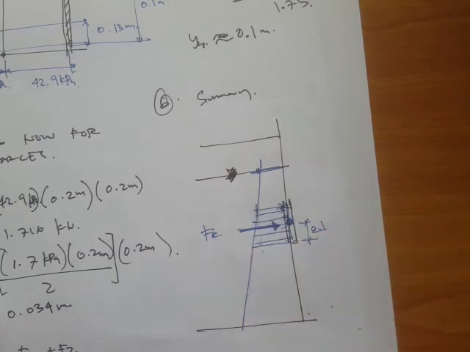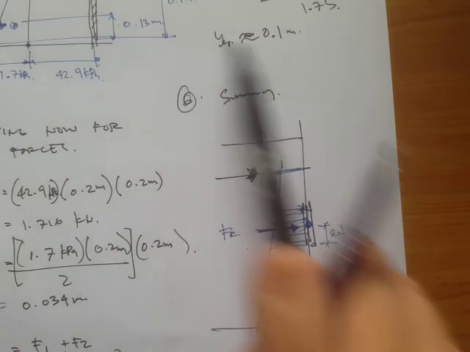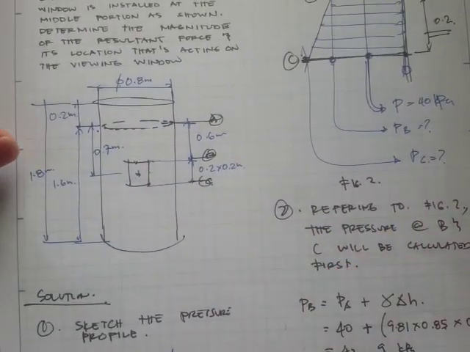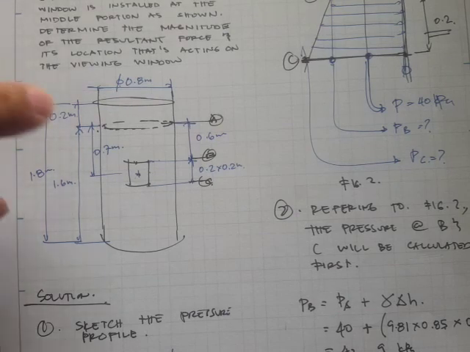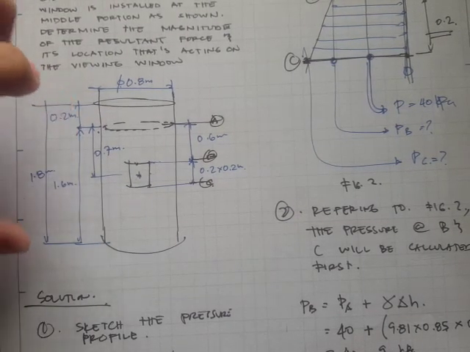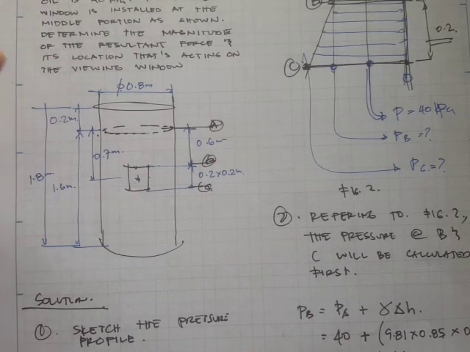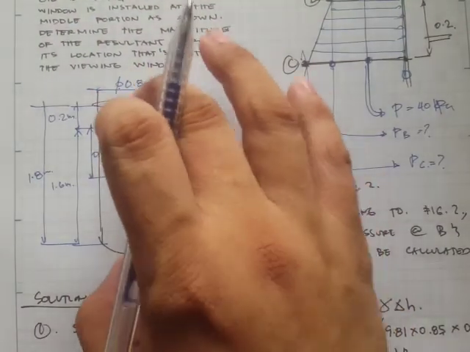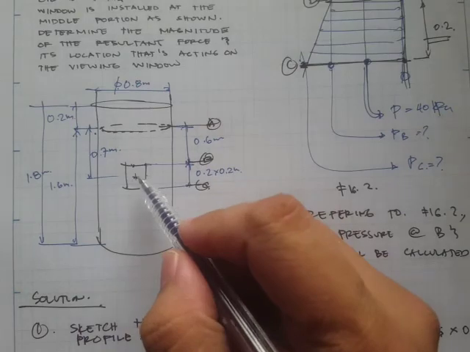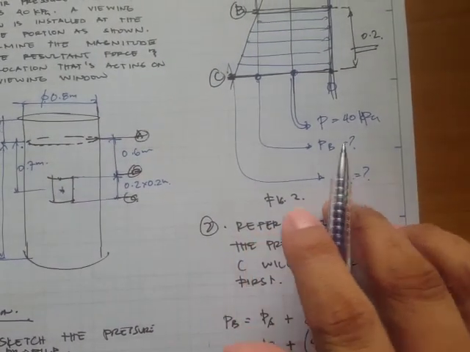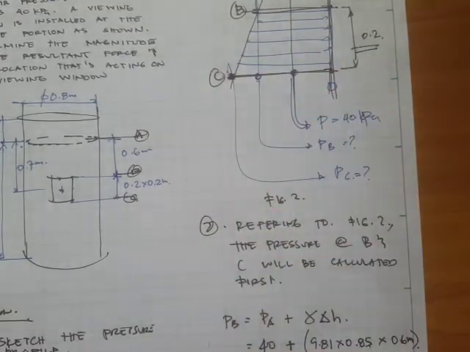Again, if we do the recap, this is our problem. This is a pressurized system, and even though it's pressurized, we can still apply the method of using the pressure prisms. Our problem is a cylindrical tank, and we are to solve for the viewing window. We first establish the values of the pressure at the points.